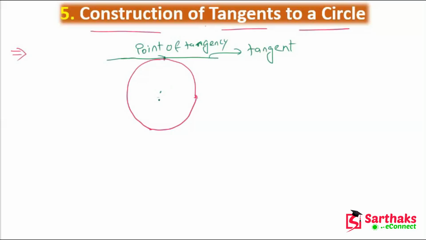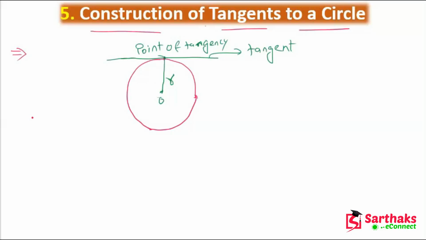Let's suppose this is center O and this is our radius, and it is perpendicular at the point of tangency. I hope you get this point.